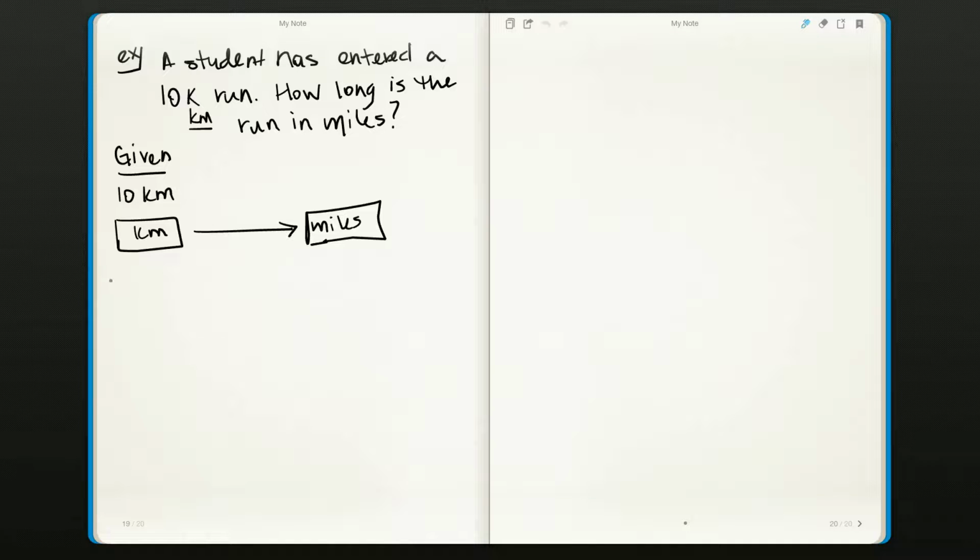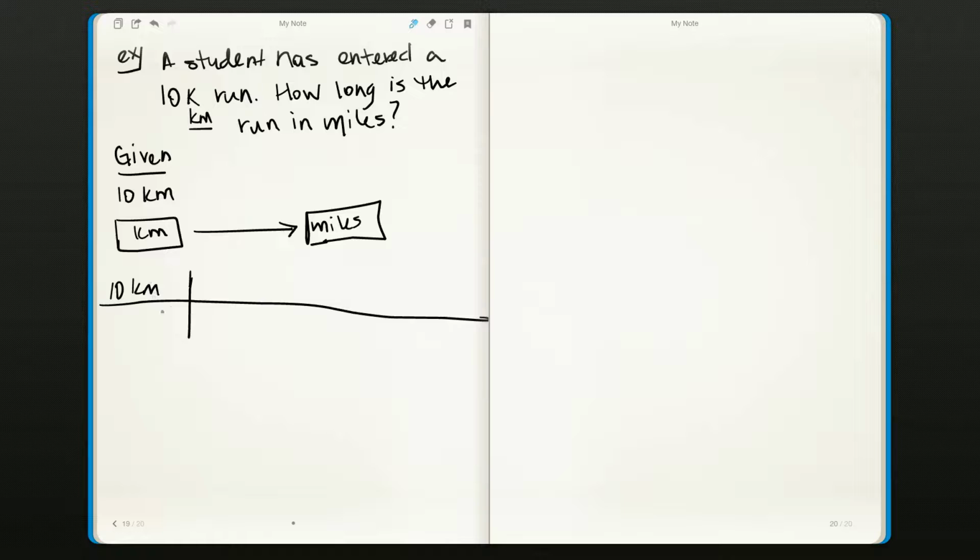So first, we need to convert to meters because that's what we were given in that table 1.4. So 10 kilometers times, let me keep with the same form.